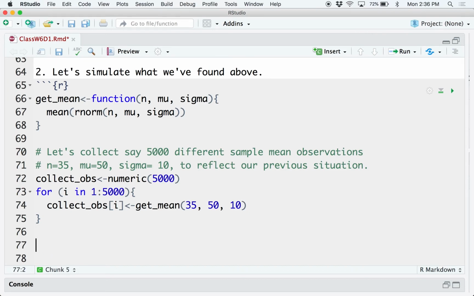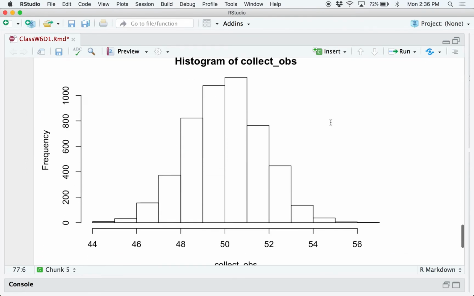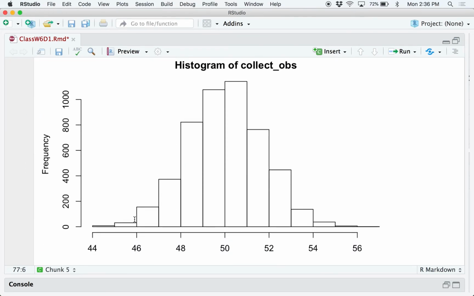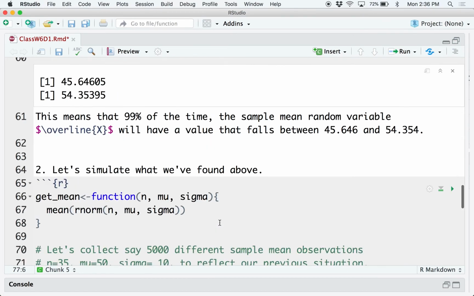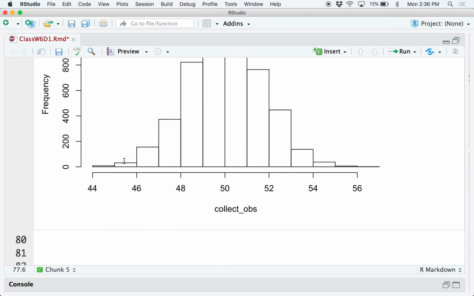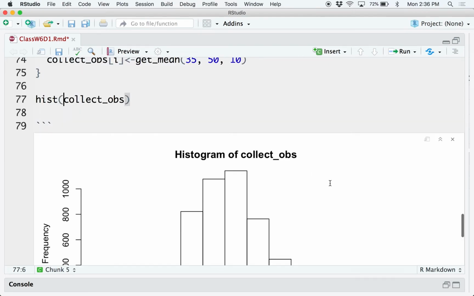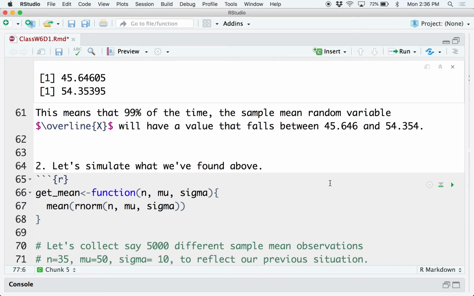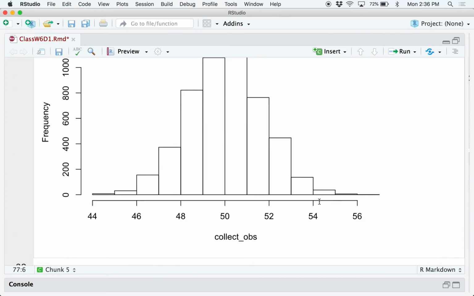Now we'll have a collect obs vector, and we could take a quick look at the histogram for this. So let's run all of this. We've got a nice histogram of these sample mean observations, and we can see that for the most part, 99% of the time, we should be between 45, which is about here, and what was our other bound? 54.3, which is up here.